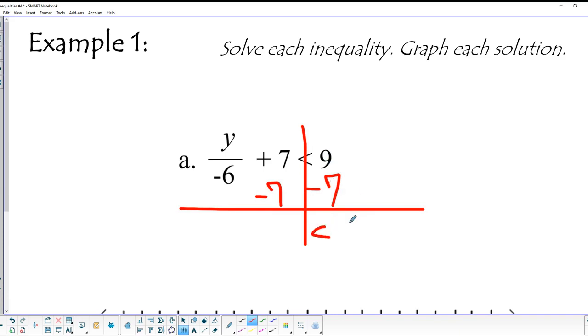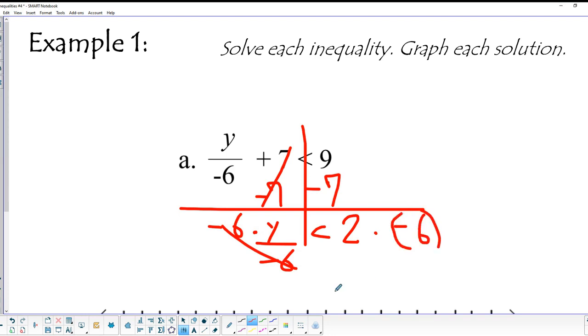So 9 minus 7 is 2. The 7's cancel, and then I'm left with y divided by negative 6. All right, in this particular problem, we have to multiply both sides by negative 6 to undo the division. And when you multiply or divide by a negative number in solving an inequality, you flip out, or the inequality symbol changes direction.